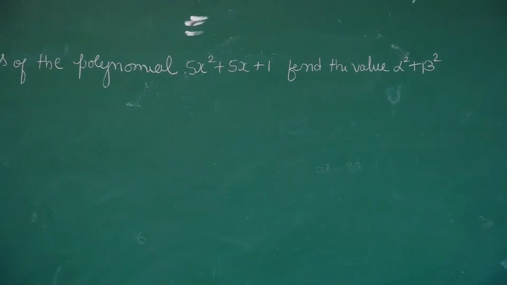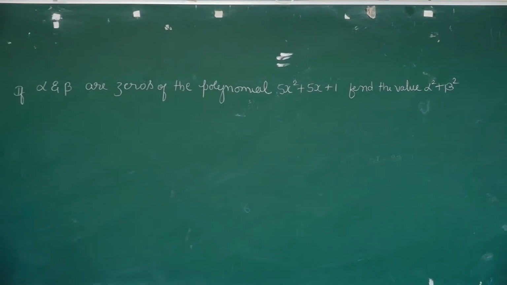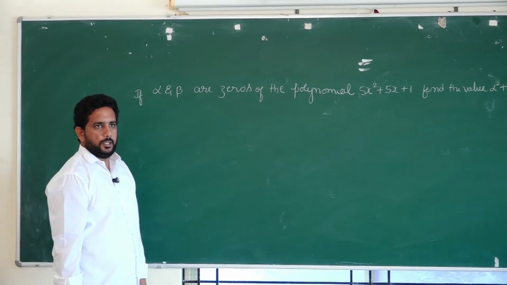Like this question they have given. So if alpha and beta are the zeros of the polynomial 5x square plus 5x plus 1, find the value of alpha square plus beta square.